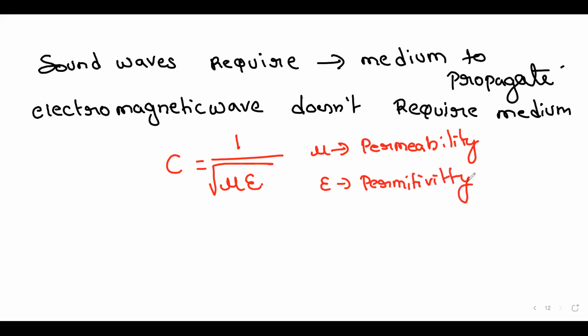So if we want to find the speed of an electromagnetic wave in vacuum, we use C is equal to 1 by root mu naught epsilon naught. Mu naught is the permeability of free space, epsilon naught is the permittivity of free space. So the velocity of light depends on mu and epsilon.